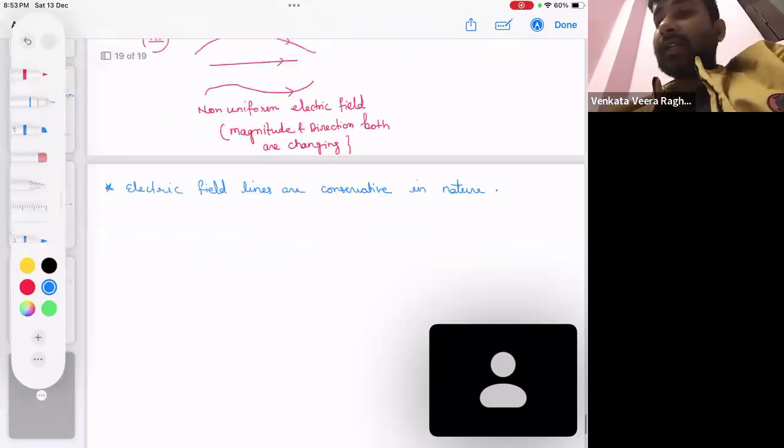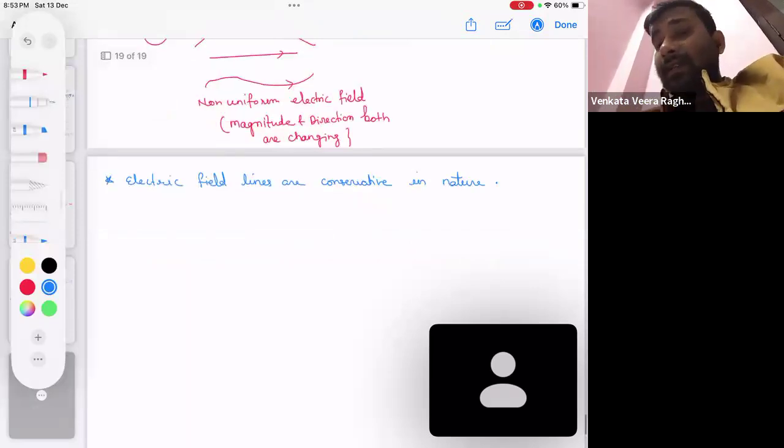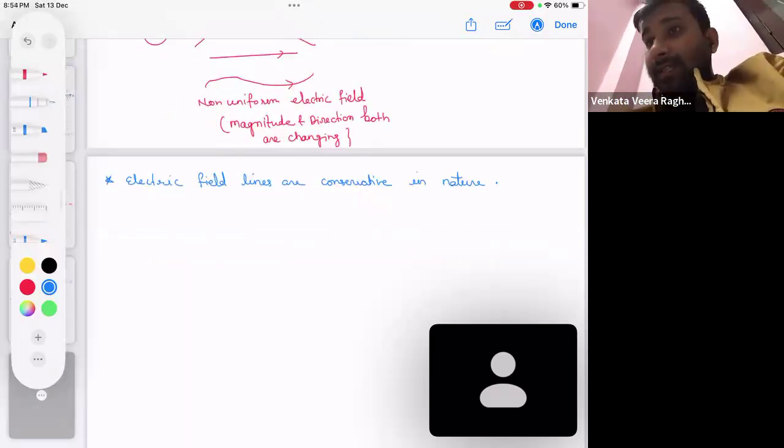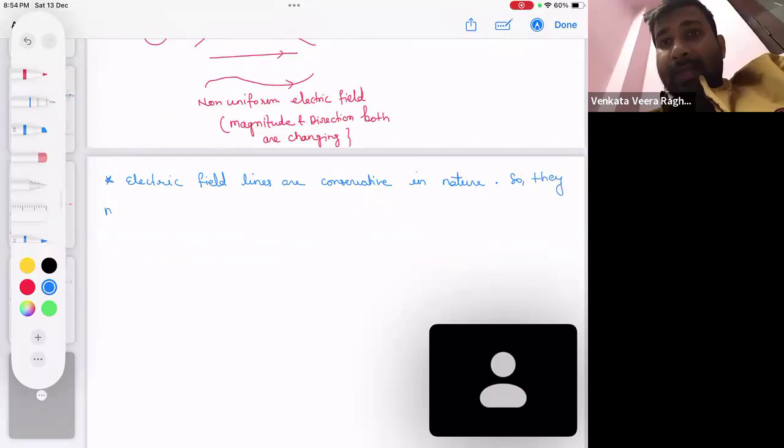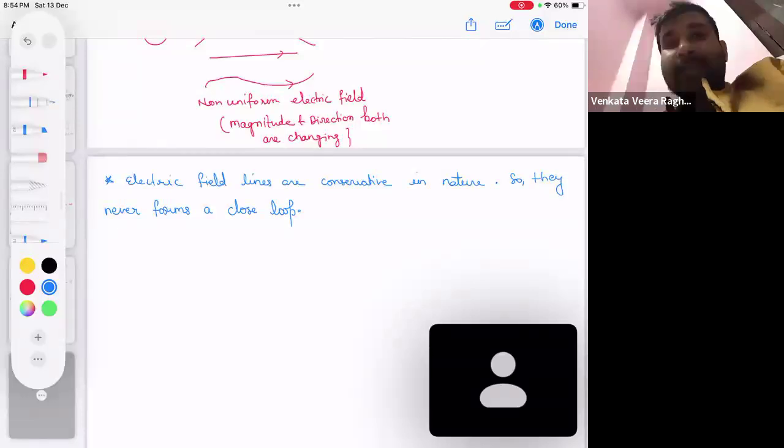That is not the correct representation of electric field lines. Electric field lines are conservative in nature, so they never form a closed loop. Understood this point?